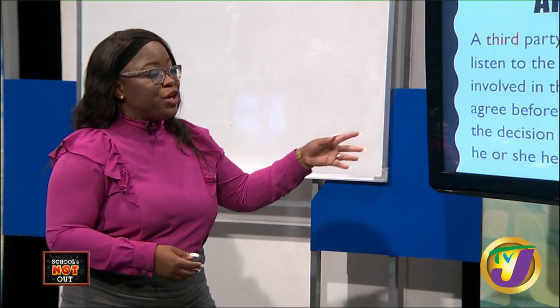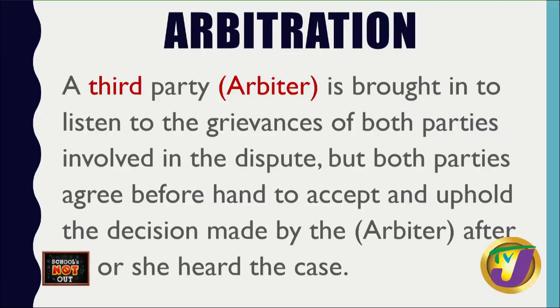The arbitration process is a little bit similar, but the difference is that both parties going into that meeting agree that after the arbiter hears both claims, they will accept the decision made by that third party who is intervening in the meeting.